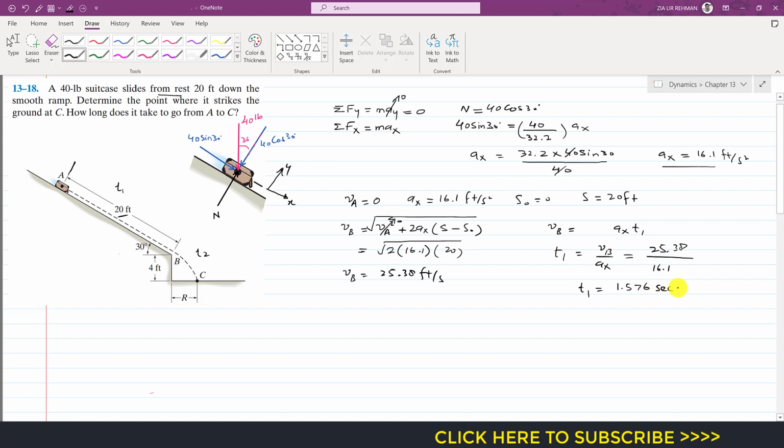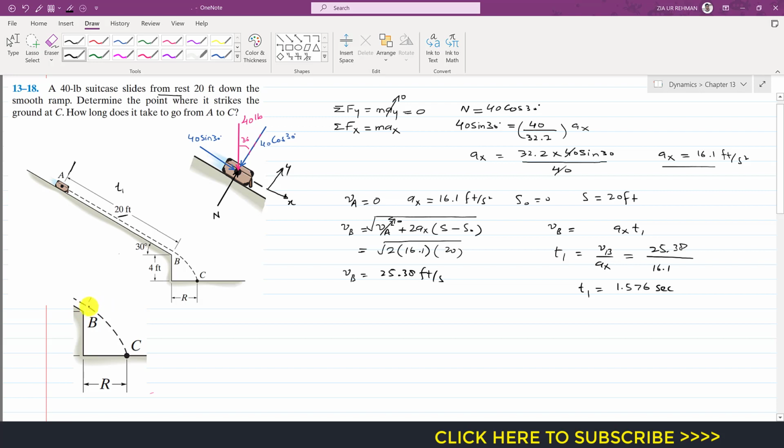Now from point B to C, the suitcase will follow the projectile path, right. So let me draw the free body diagram for that. The suitcase will move from B to C, right. At B, for projectile motion, the velocity will have two components.